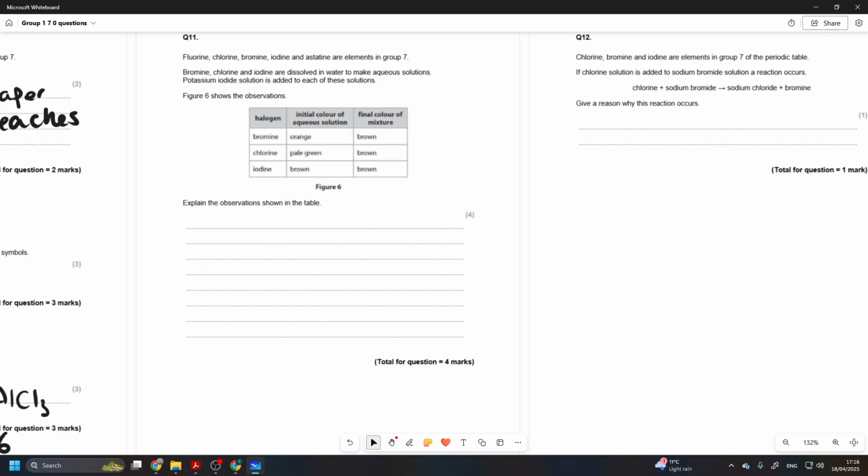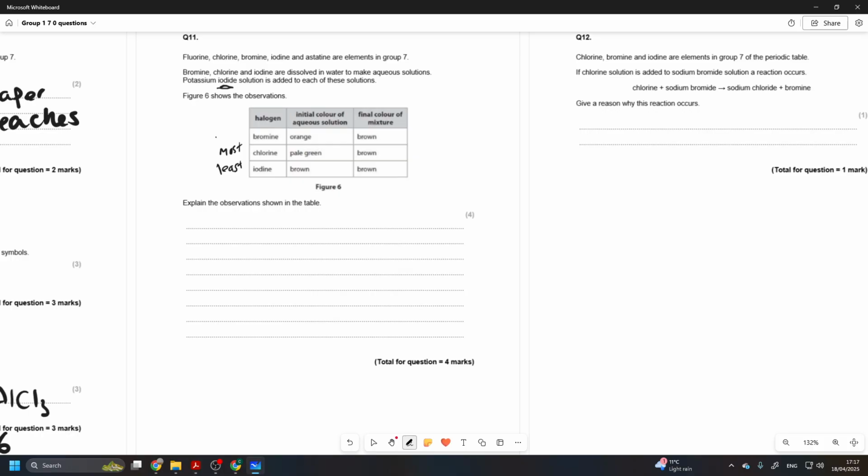You've got to remember that a more reactive halogen is going to displace a less reactive halogen. Now this one is the least reactive, this one is the most, and this one is in between. They've mixed the table a bit to confuse you, but essentially this is the least reactive and this is the one in the compound. So essentially both of these are going to displace it.